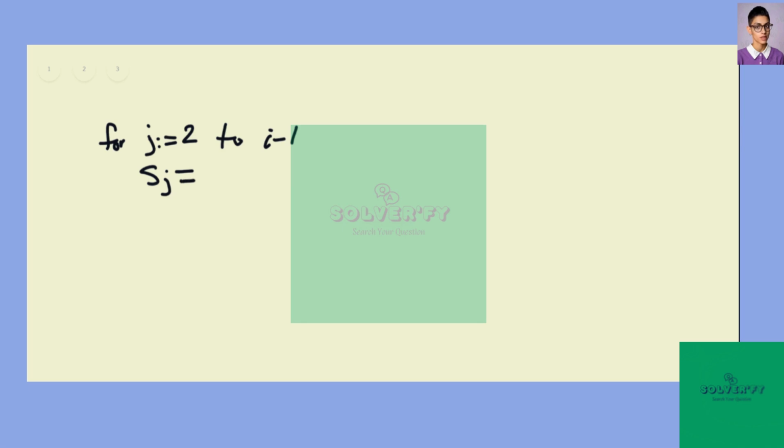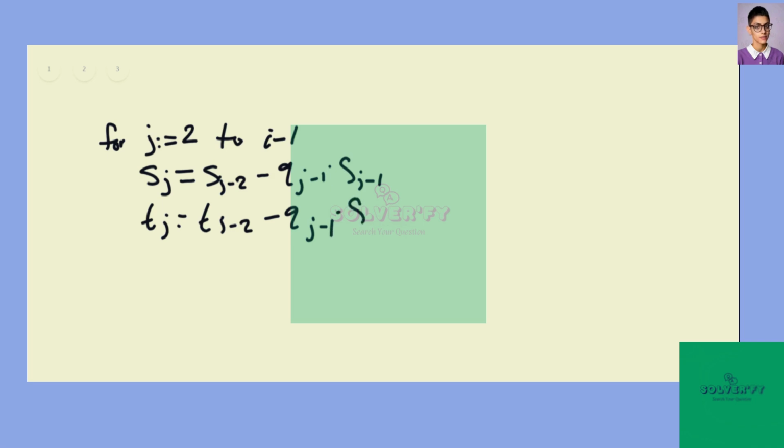So we'll set s_j equal to s_(j-2) minus q_(j-1) times s_(j-1), and we'll set our t_j the same way. We're really just replacing the s's with t's here. So q_(j-1) times t_(j-1).